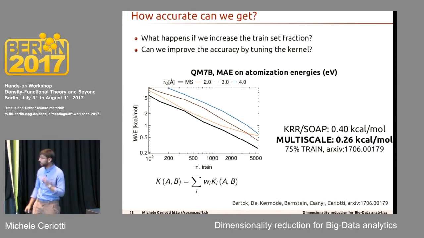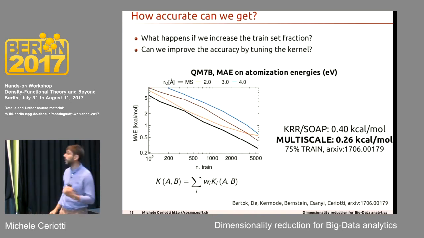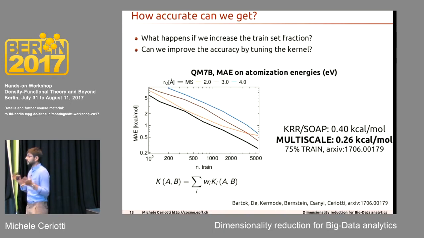So if you use an extremely short cutoff, 2 angstrom, so in the definition of the environment, we use a length scale of only 2 angstrom, what happens is that initially this kernel, when you have just a few training structures, works extremely well. Why? Because there is a small amount of information in a sphere of 2 angstrom, and so with just a few structures, you can cover a lot of the potential configurations.